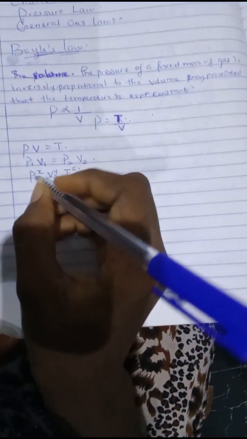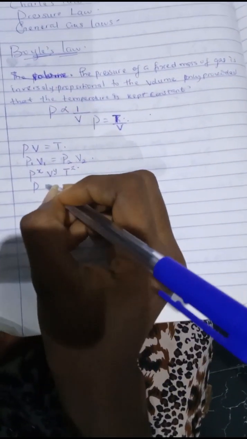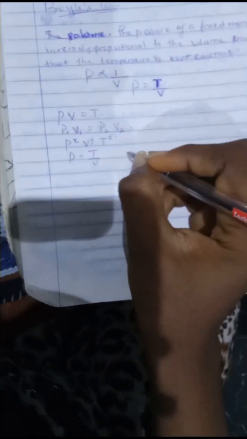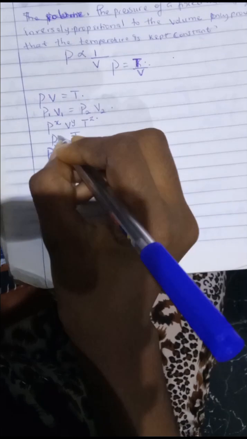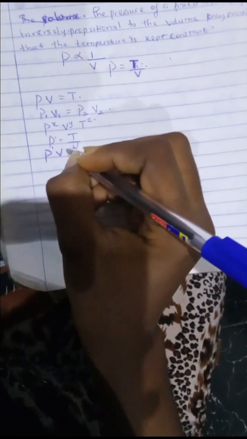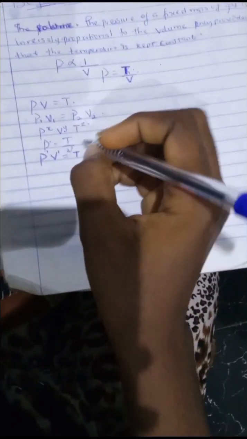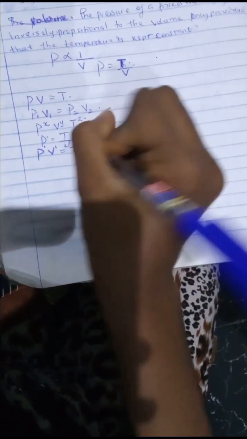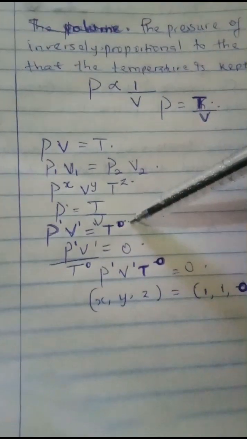How to do this is from here, P equals T over V. P has the power 1, V here also has the power 1, and equals T, which has the power 0.